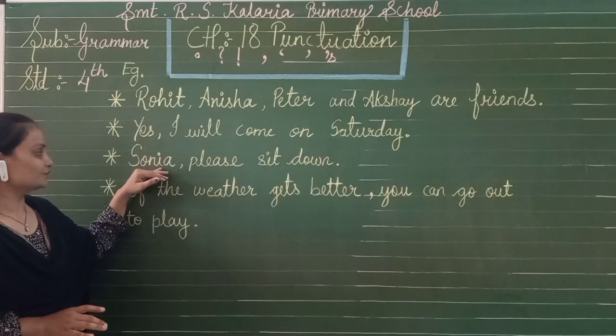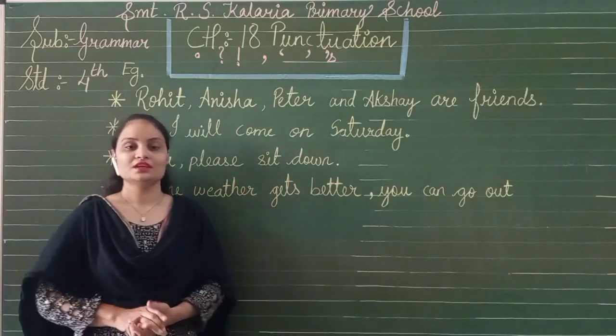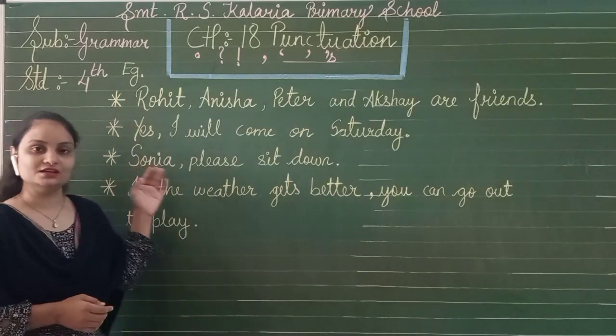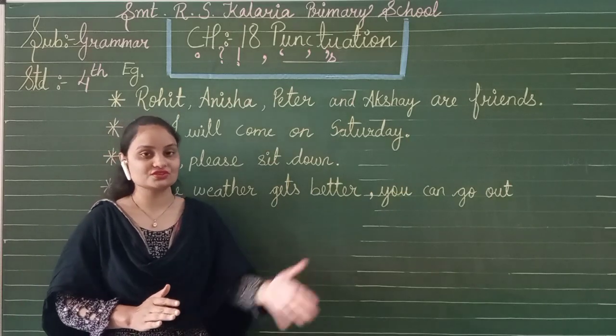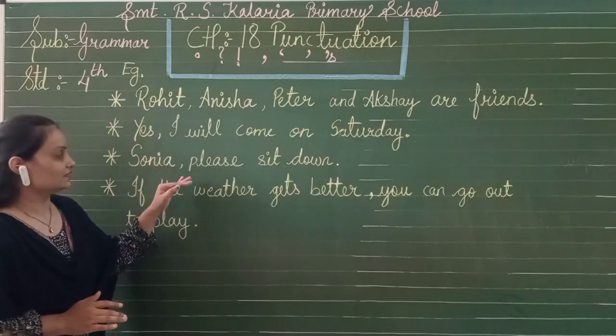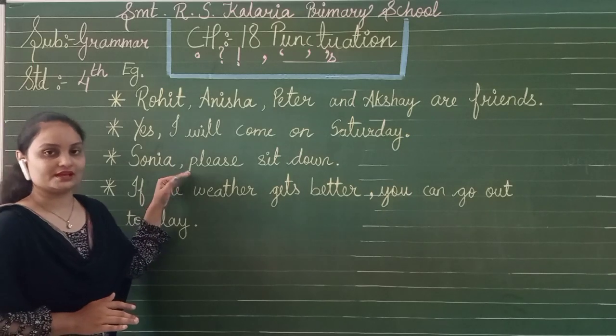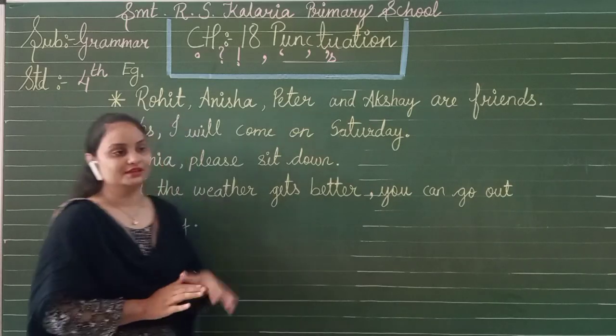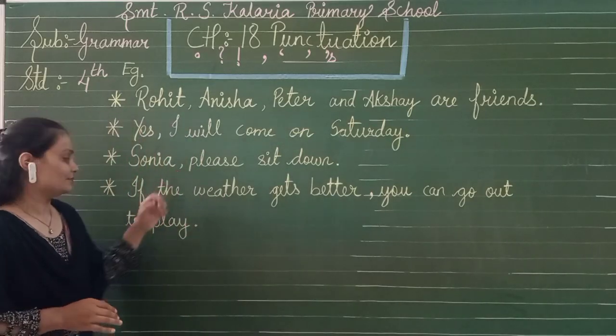Next is, Sonia, please sit down. Here the person is saying something to Sonia, someone who is instructing Sonia that please sit down. So after Sonia there is a comma. Okay? As I explained to you, if we want to separate the name from the sentence, then we are using a comma.